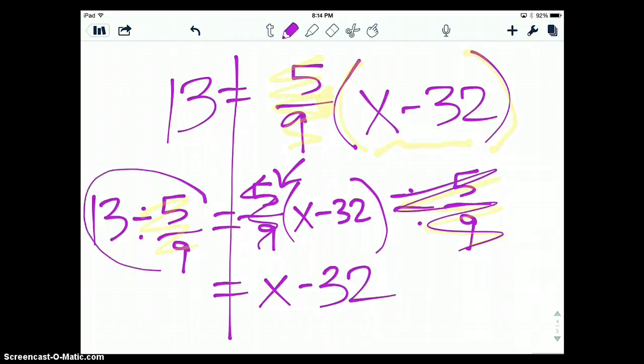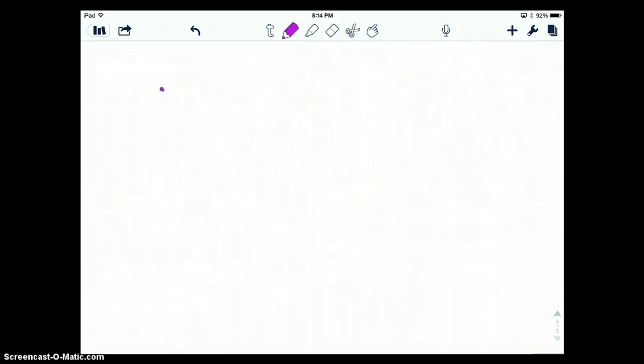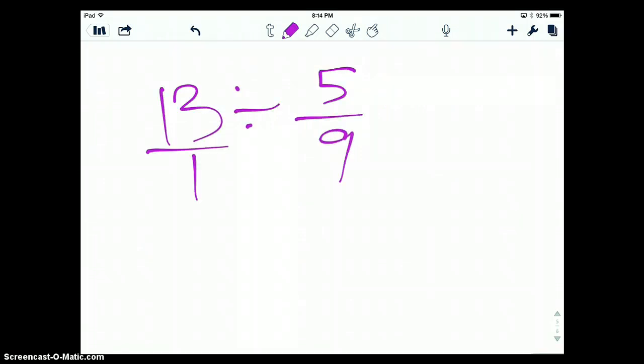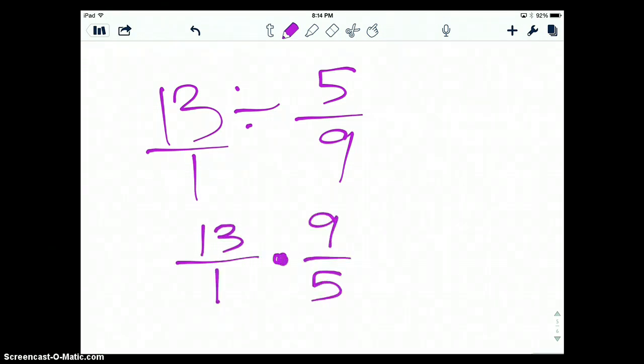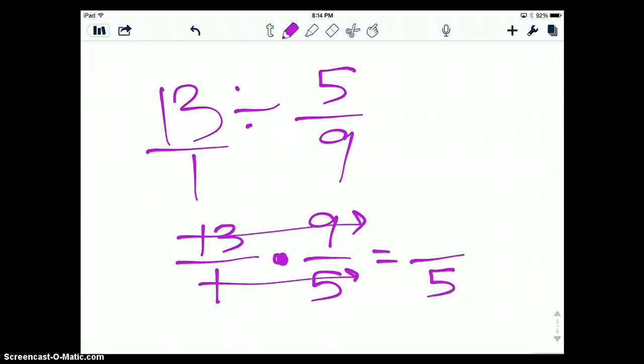Now over here, a little more complicated, and we worked through this before, so I'm going to work through it on the next page. 13 divided by 5/9, I'm going to make this a fraction. If I divide across, I'm going to get a decimal, so I'm going to keep, change, flip. And now, when I multiply across, well, 1 times 5 is easy. 13 times 9, I don't know that off the top of my head.